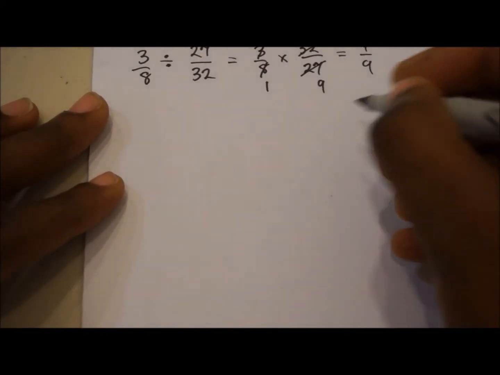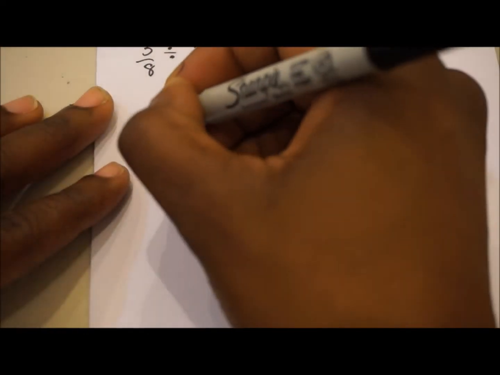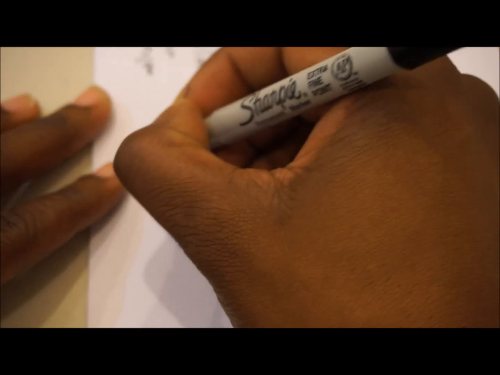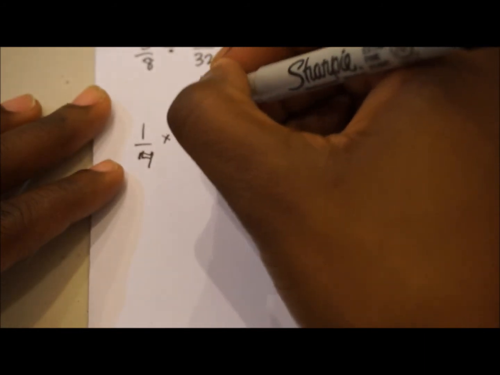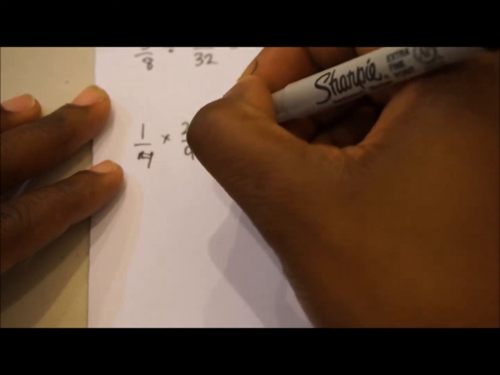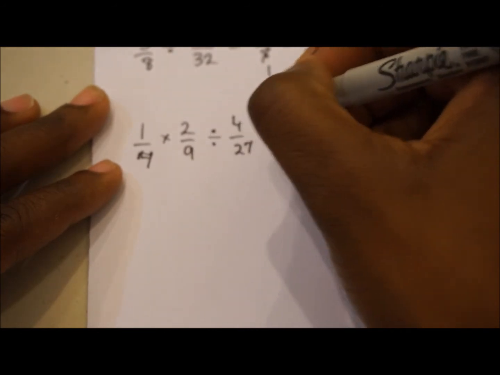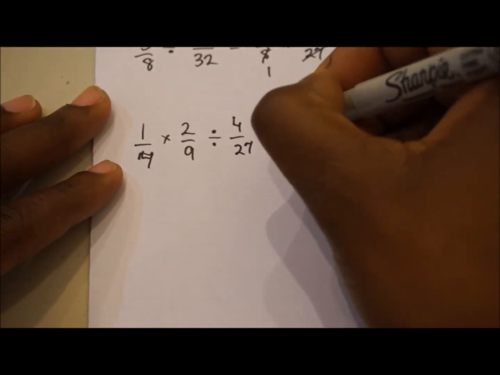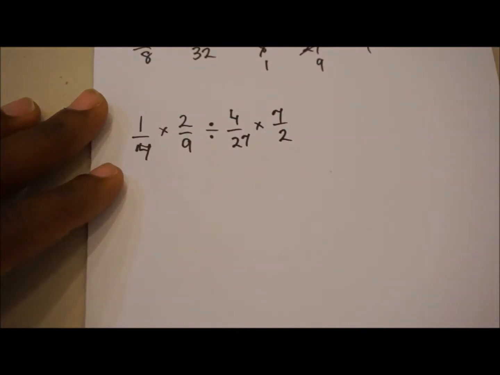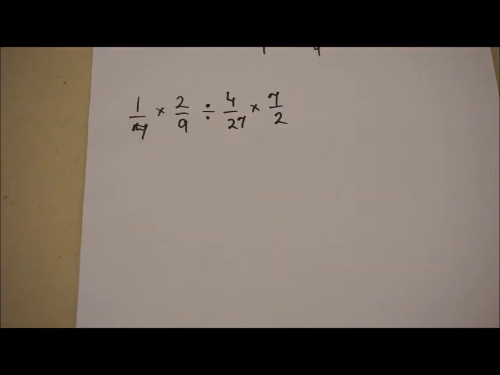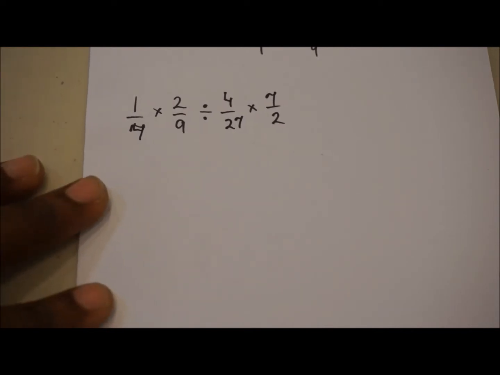Let's look at this example here. 1/7 times 2/9 divided by 4/27 times 7/2. This problem can be handled exactly the same way. Again, wherever I see a division sign, the division changes into a multiply, and the fraction immediately after that division sign gets flipped upside down.